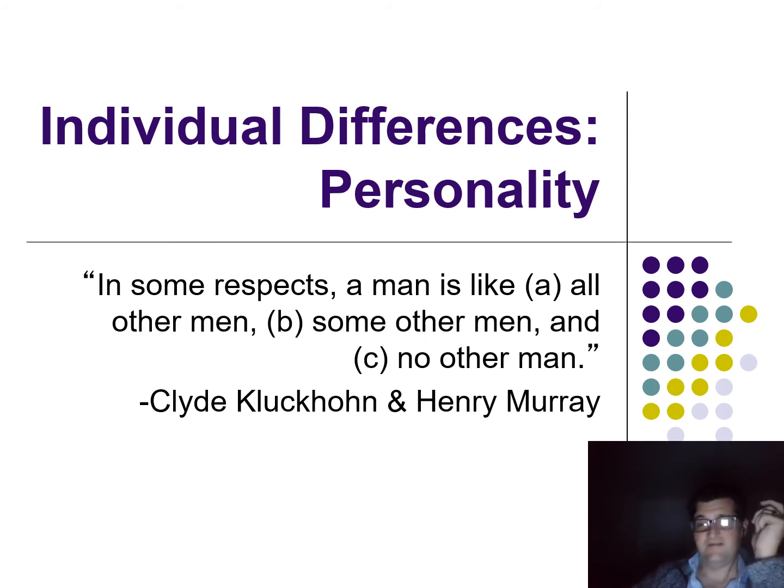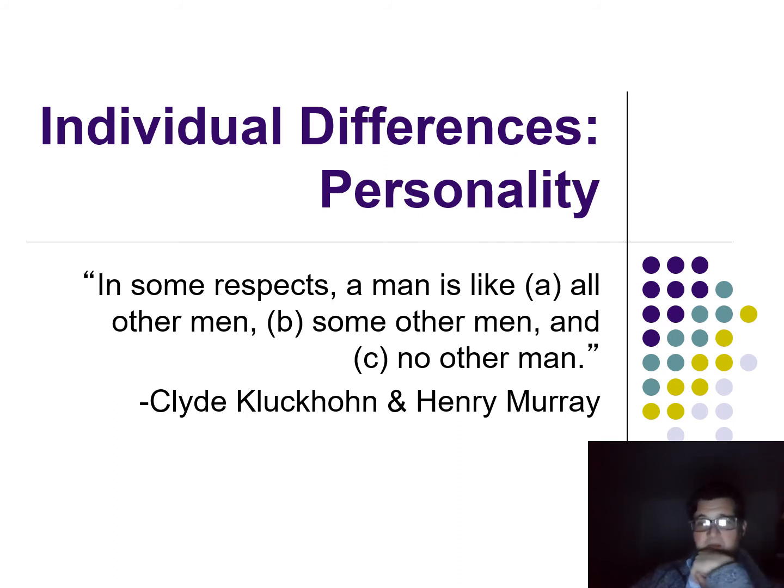And sometimes I update this, like in the textbook I wrote last year. I included this quotation, but updated it to just use person or people anywhere that this says it. But that people are unique. There are things about you that, you really are a beautiful and unique snowflake in some respects.